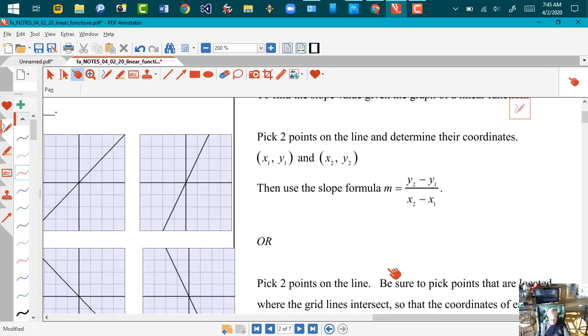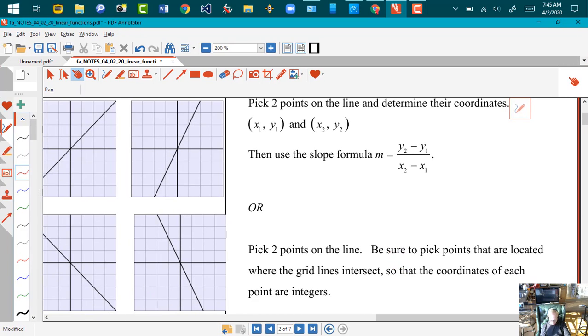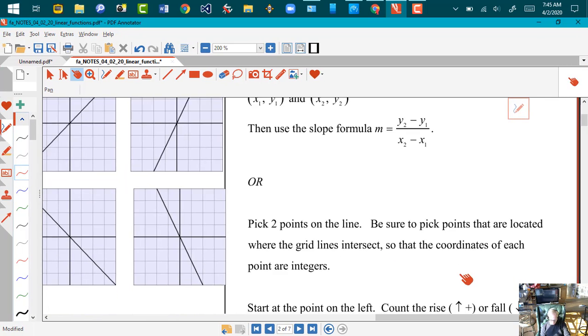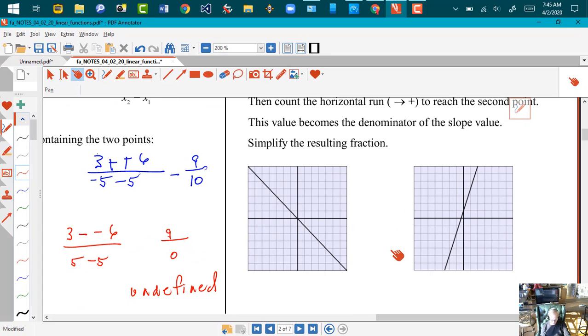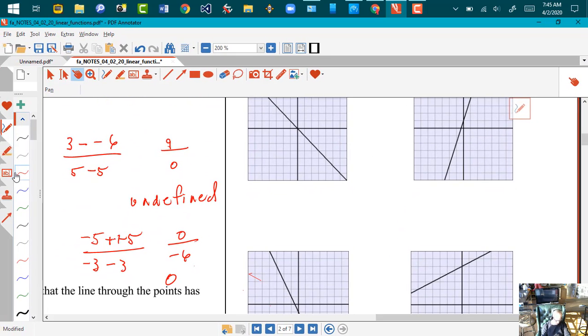Okay, so if you have the graph, you can just pick out 2 points and substitute those points into the slope formula and then simplify. So this line goes through 0, 0, and it looks like it goes through 2, negative 2.